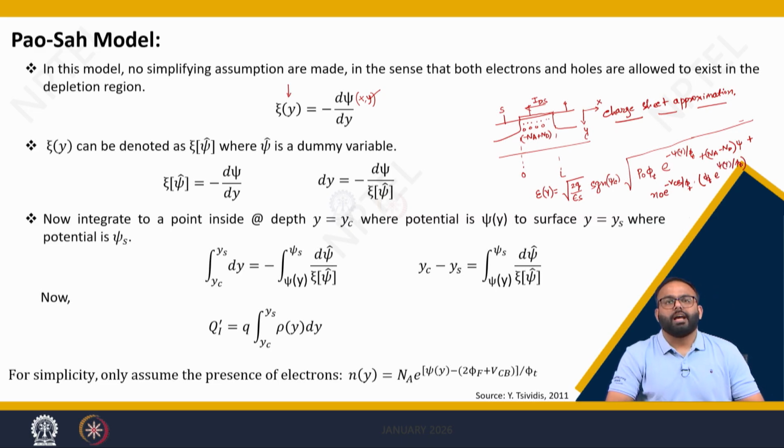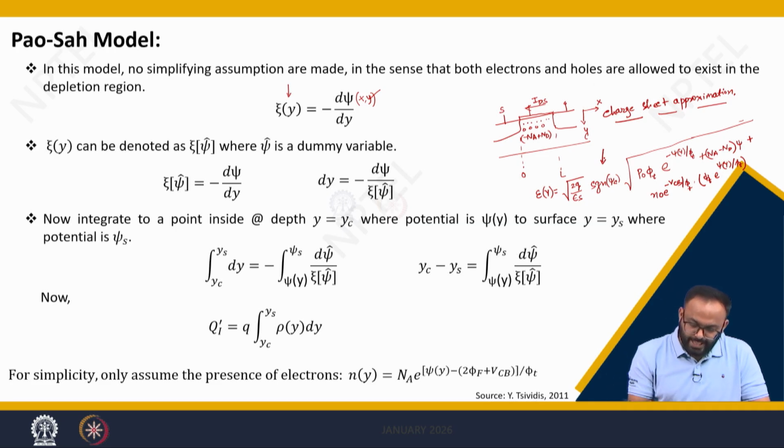This equation we have derived in our previous lectures, where we said that in general the electric field can be calculated by Gauss's law, considering all the electrons, the holes and the ions present in the channel. We derived this equation when we were considering the two-terminal MOS structure.